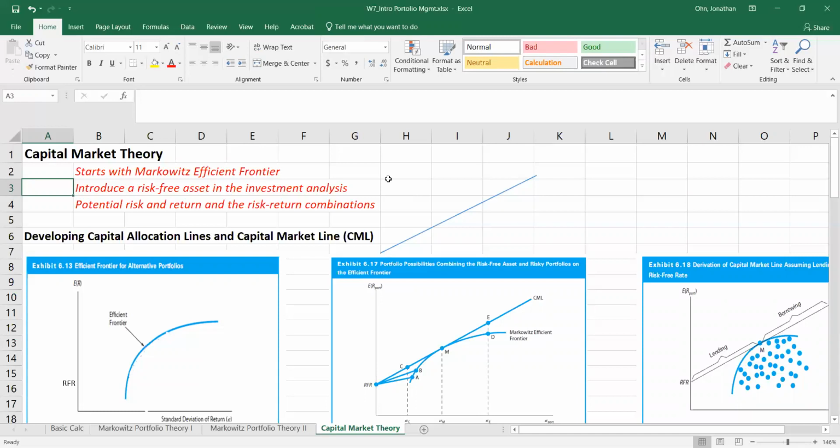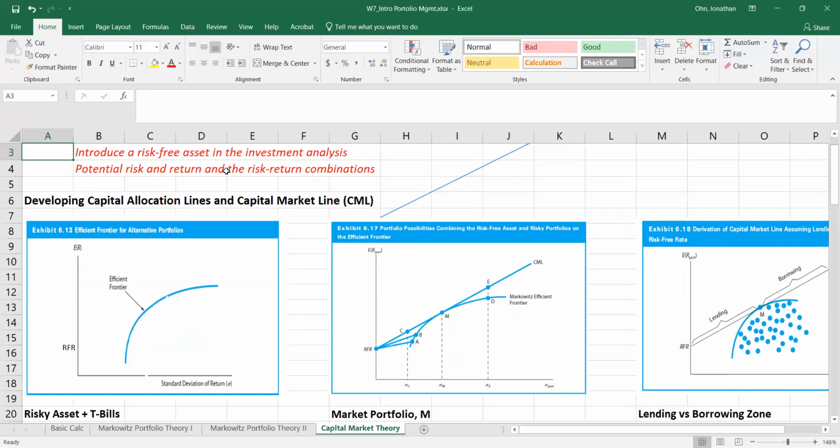T-bills are one of the money market securities. So capital market theory extends the Markowitz portfolio theory in a more realistic way. Yeah. All right.